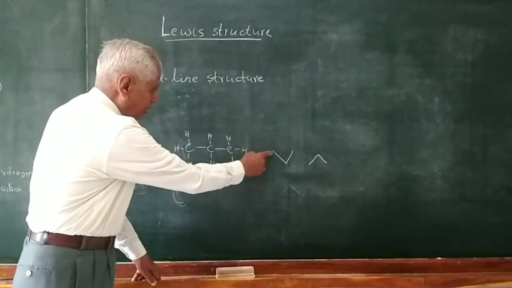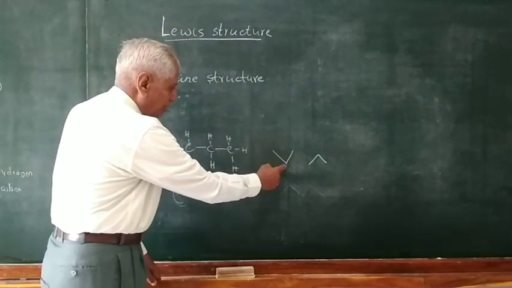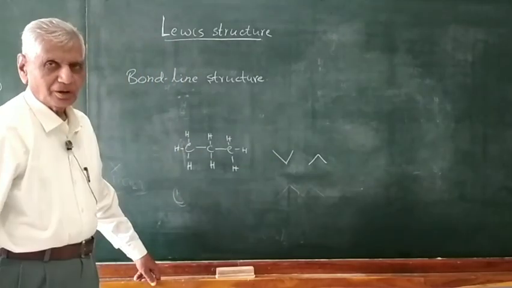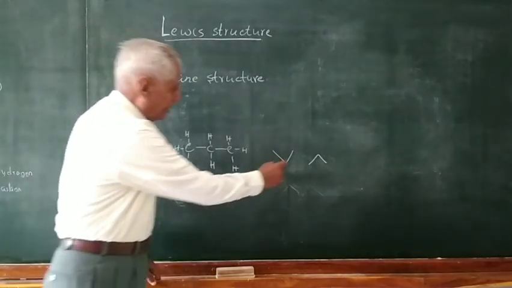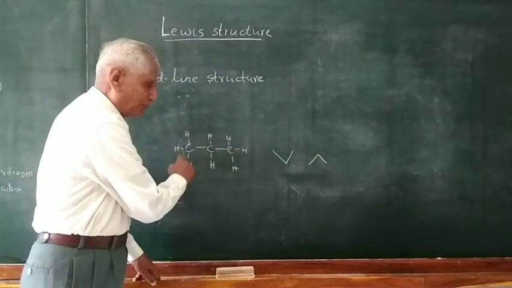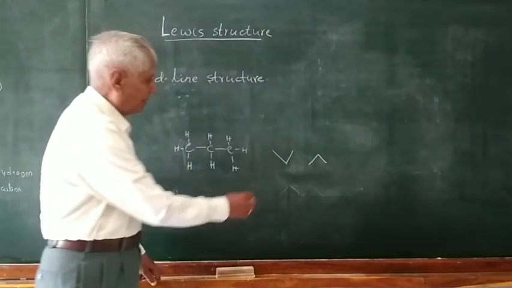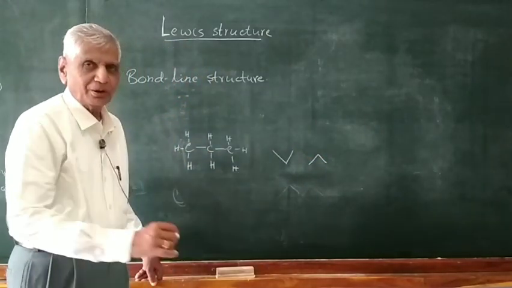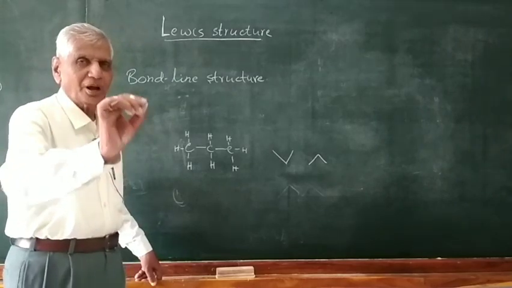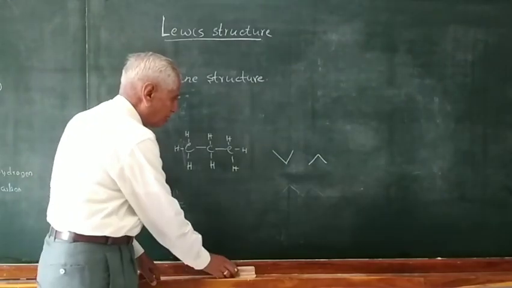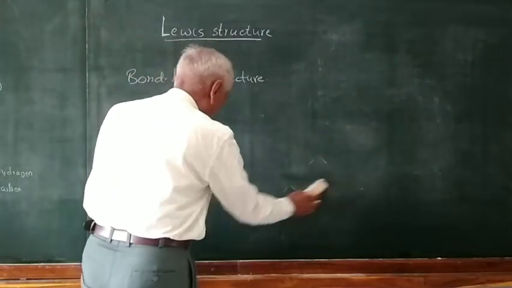So this corner is CH3, this corner is CH2, this corner is CH3. Right? This compound, propane, can be written like this or like this. Here you are giving only the bonds between carbon atoms, nothing else.